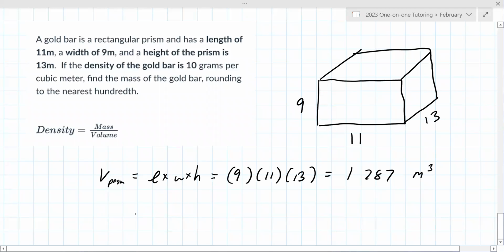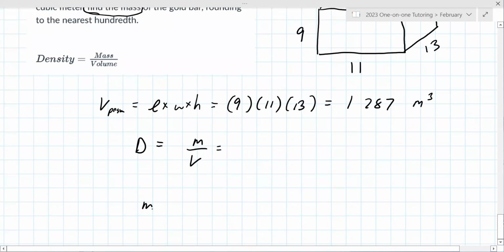Now, density is mass divided by volume. What are we solving for in this problem? The mass. So the mass is really density times volume.